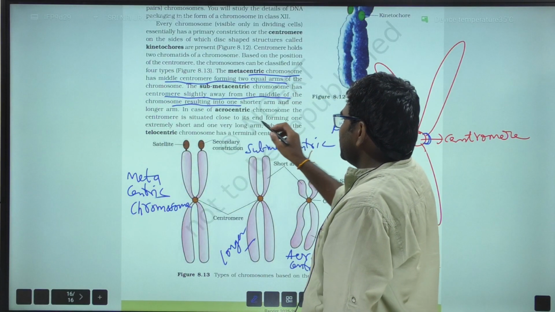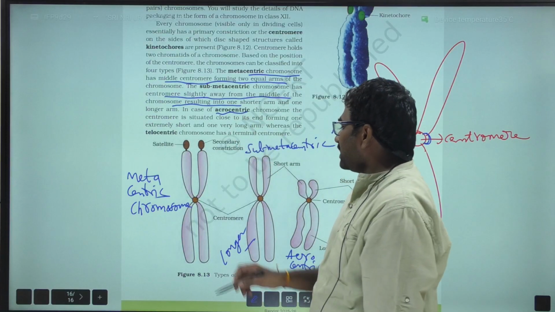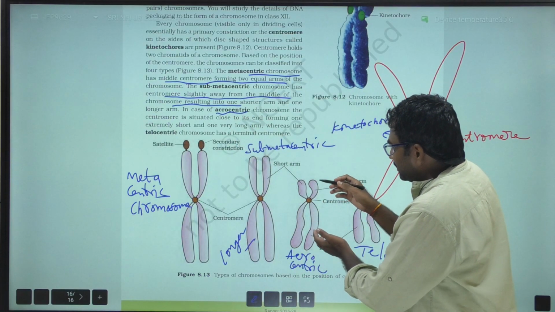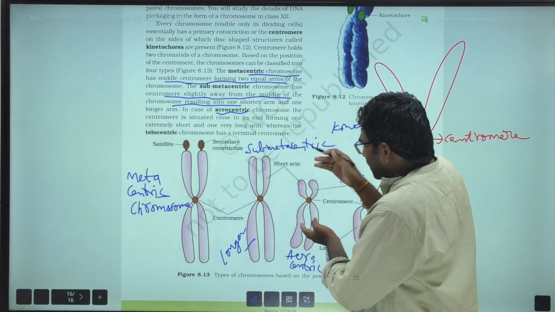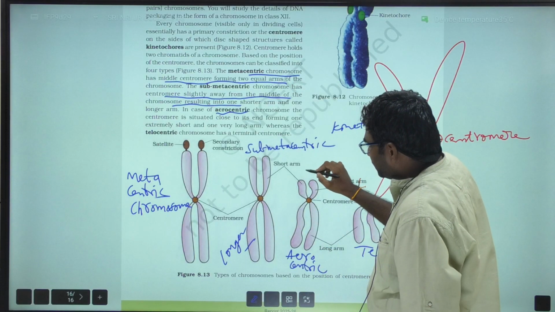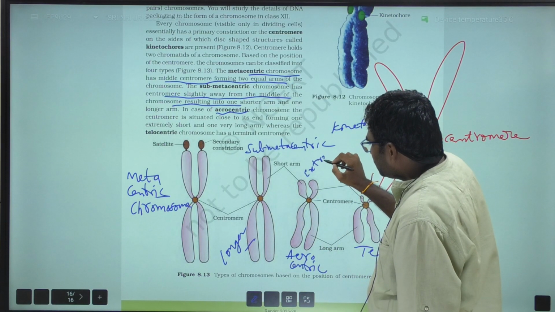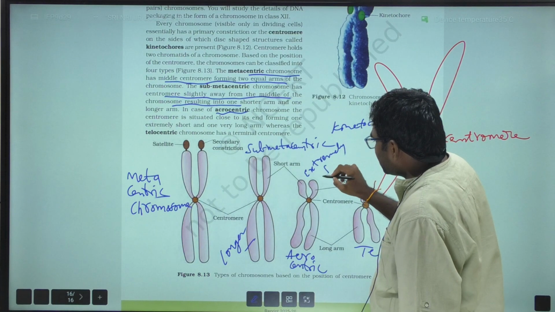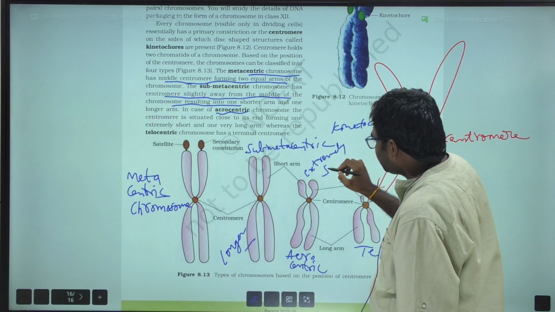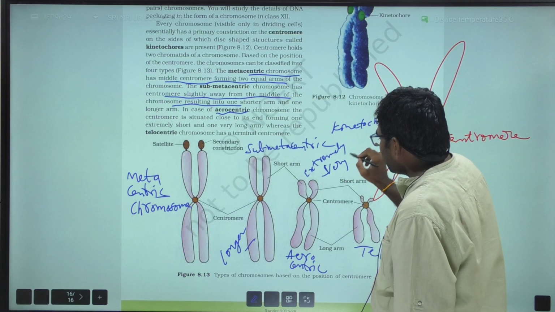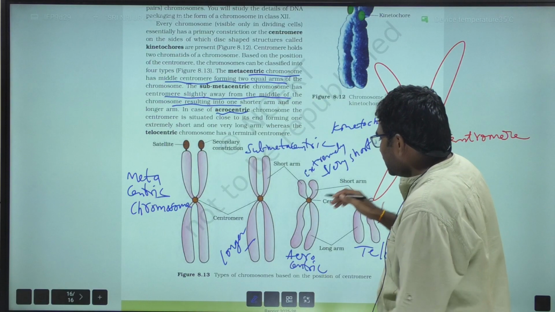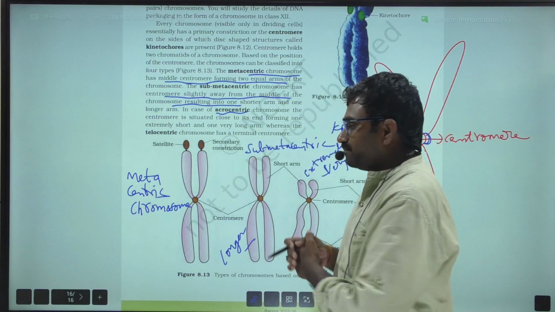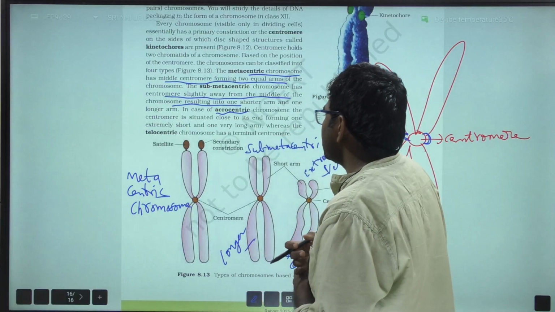And here another one is the acrocentric. In the acrocentric, we will find one arm is extremely short, and the other arm is extremely long.